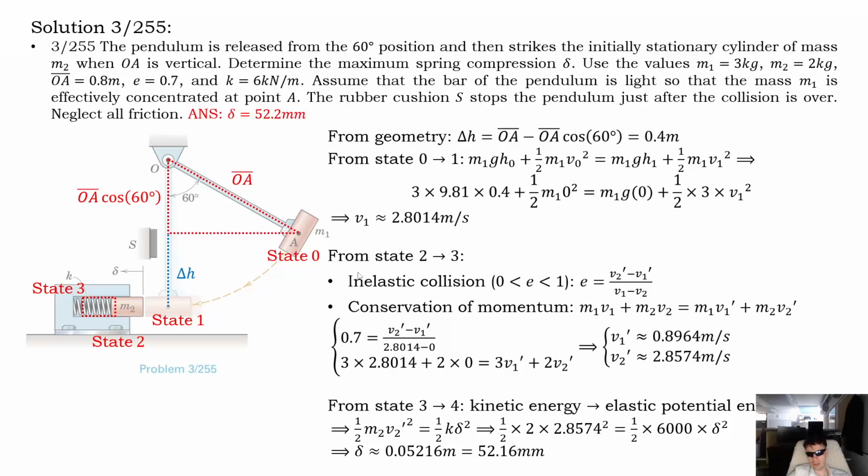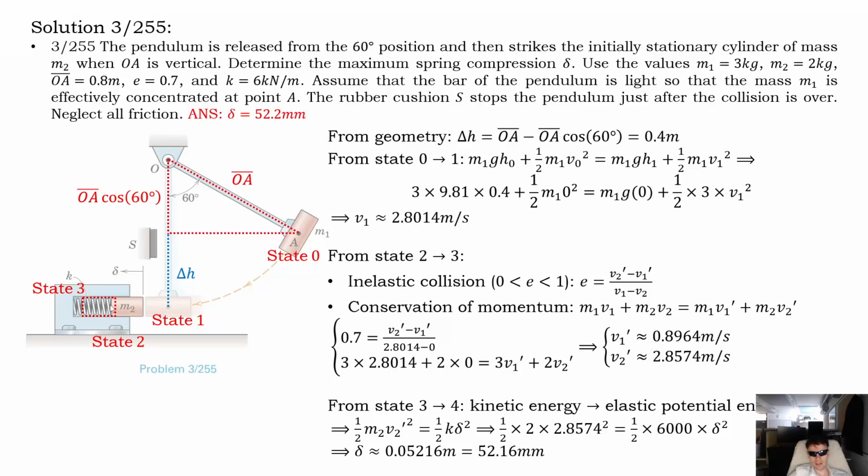And we have this formula: V prime 2 minus V prime 1, where prime means after impact, over V1 minus V2. So V2 is 0, V1 is this amount, and we have two equations and two unknowns. We can easily get V prime 1 and V prime 2.